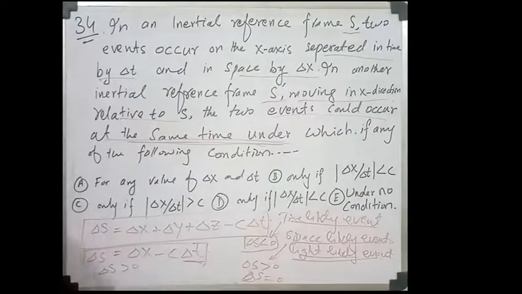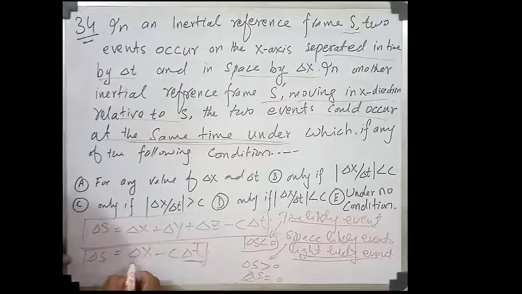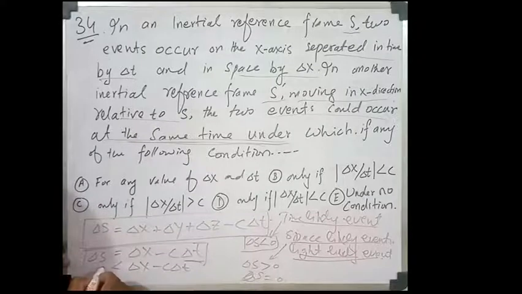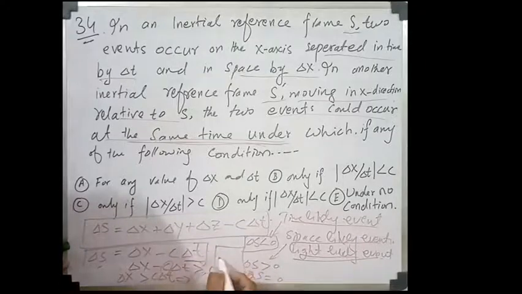If delta S is greater than 0, then this total term delta x minus c delta t will be greater than 0. If we find the value of c here, delta x greater than c delta t implies that delta x divided by delta t will always be greater than c.